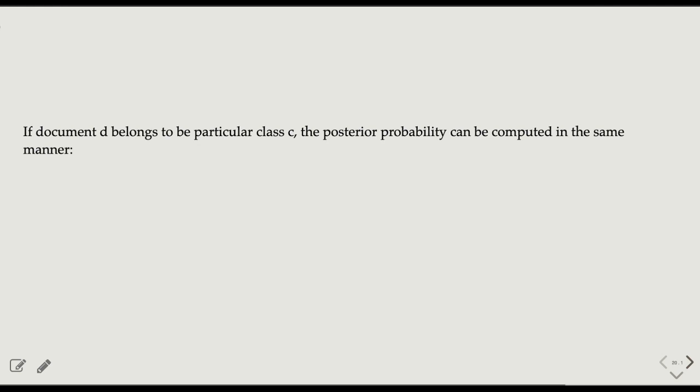Okay, so if a document belongs to a particular class, the conditional probability can be computed in the same manner. So for a document in a particular class called C, and C can be the spam or the ham, how likely is this exact document representation using the term frequencies?